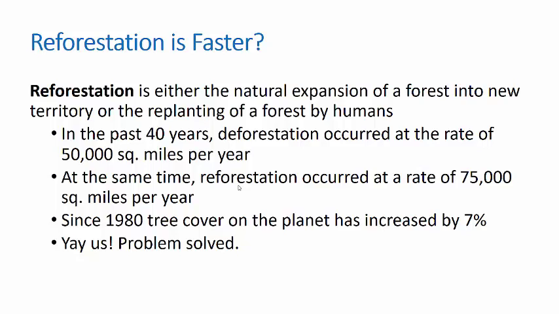So if a farmer is farming a field next to a forest, and then he stops farming it and stops cultivating it, okay, because he moves on to do something else, well, that field will generally regrow and reforest itself over time. But also, we've been trying to reclaim a lot of forest, and you have these things like the Billion Trees Initiative, something that you probably didn't hear much about because it was done in around 2000.